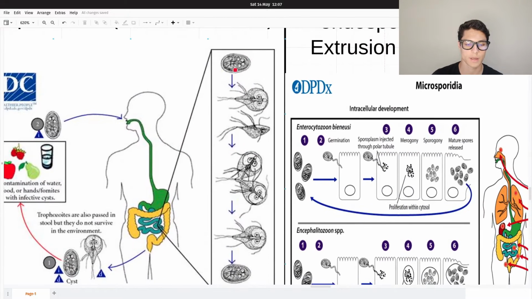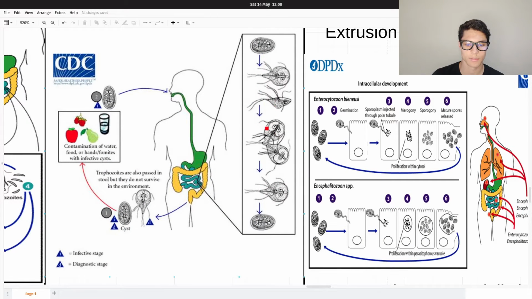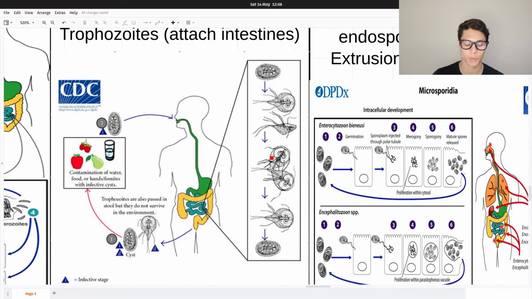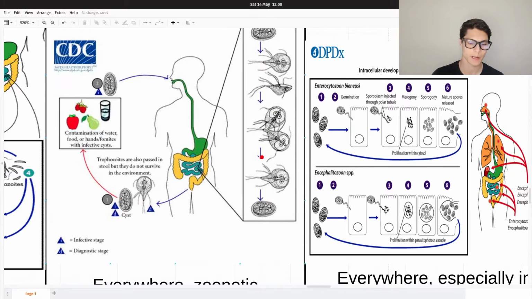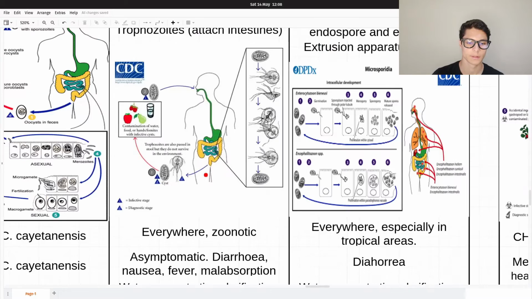And once inside, they will eventually reproduce through asexual reproduction, bipartition, and then at some point they will encyst, and the cyst will get out in the feces, and the cycle repeats.